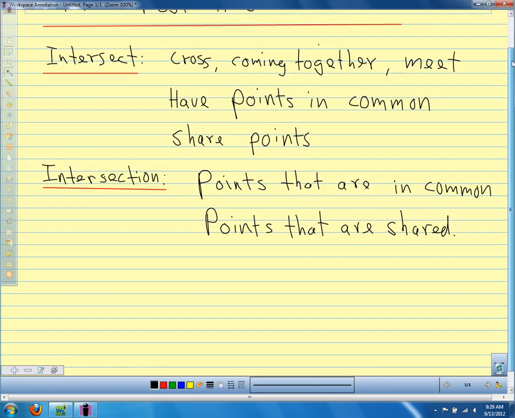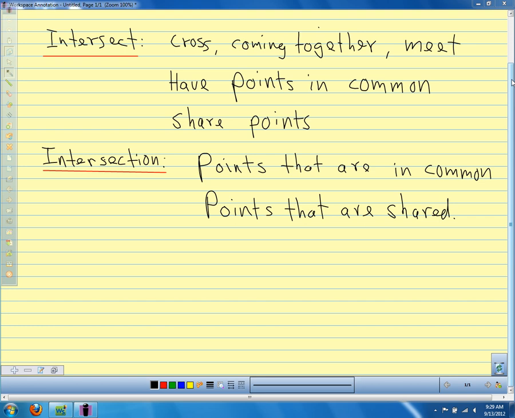All right, so all the things that we're going to talk about today are what we call postulates. And we will talk about postulates all year long as well. Does anybody know what a postulate is? Anybody ever heard the word postulate before? No?